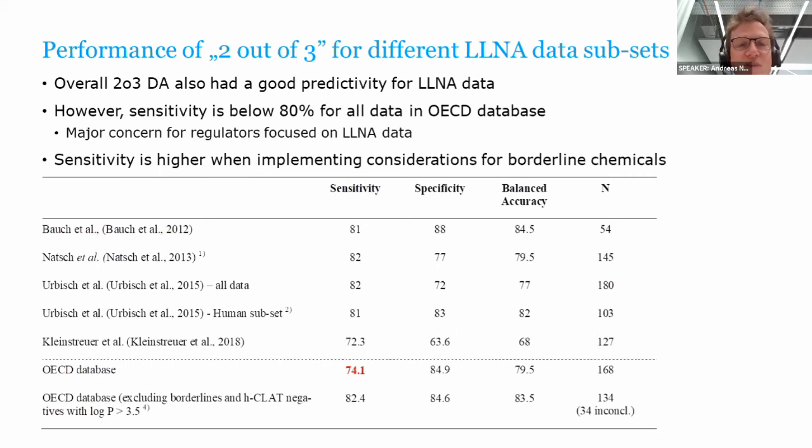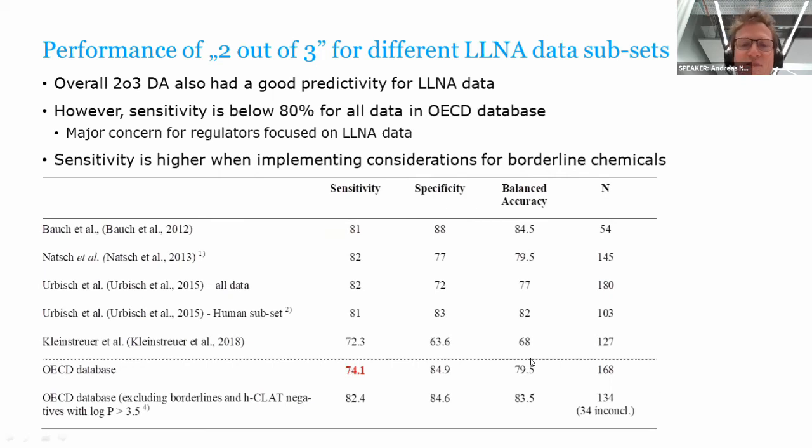So in these first four published evaluations, the sensitivity was always on different data sets very close to 80%, and the balanced accuracy also close to 80%. The predictivity was clearly lower in that specific Cosmetics Europe data set and by Kleinstreuer et al.